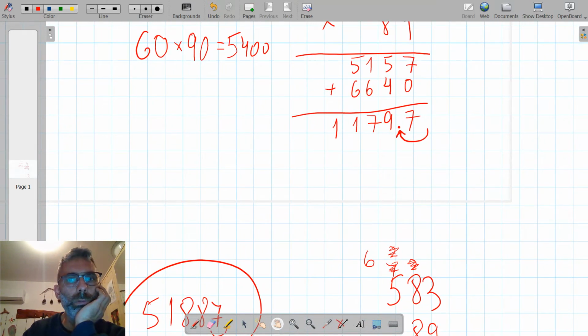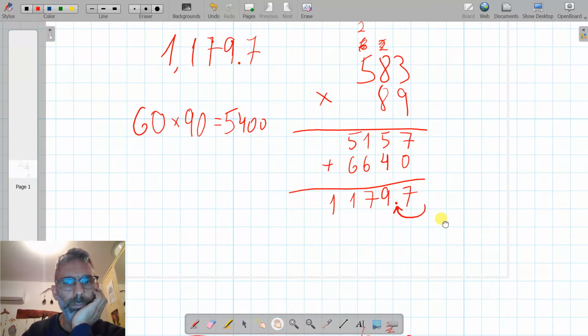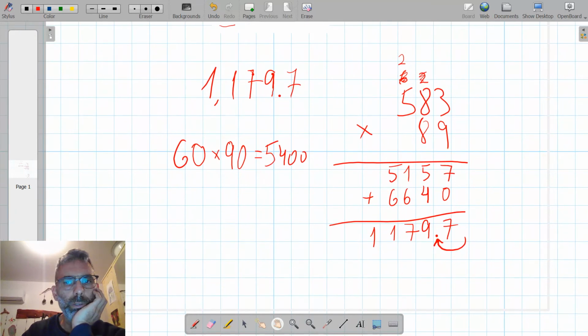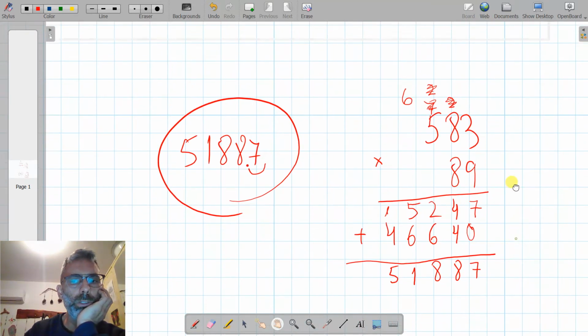Okay, so I had a couple of mistakes here. Obviously, I have a problem with multiplication of multi-digits.